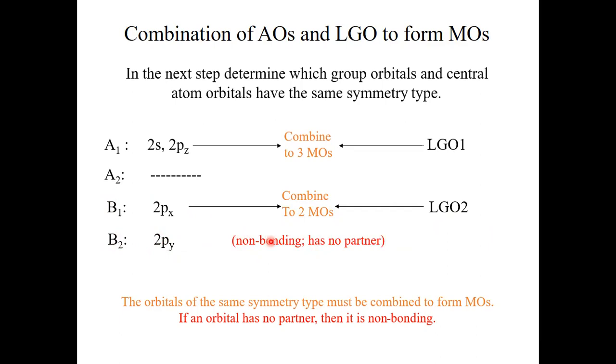So now you can see that the result that we got from the symmetry-adapted linear combination of atomic orbitals matches the result that we got in the last class when we determined right and wrong symmetry combinations by inspection.